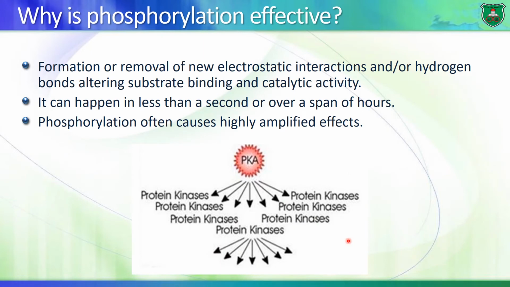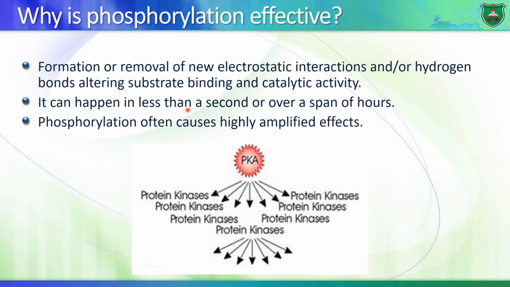So why is phosphorylation effective? Because addition of a phosphate group can induce significant change in the structure of proteins. The reason is that the phosphate group is highly negatively charged, so it does cause changes in the structure of proteins as a result of repulsive and attractive forces.